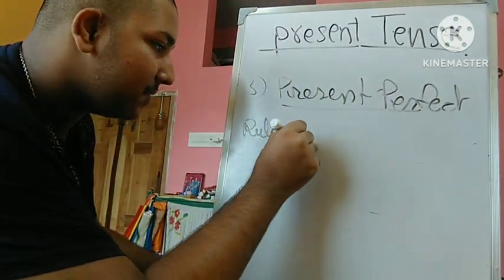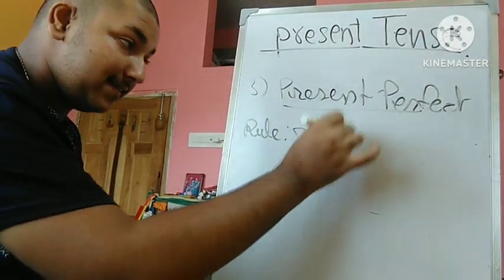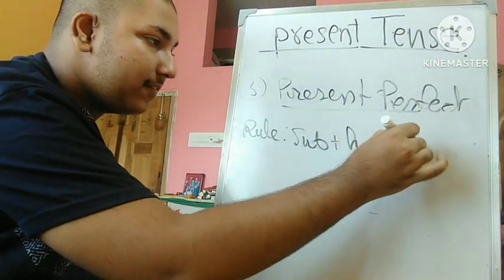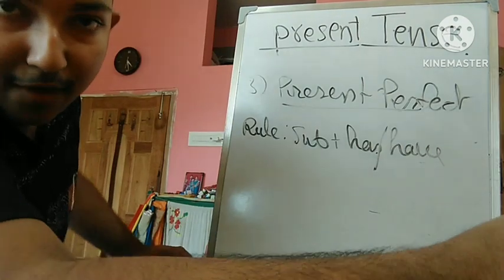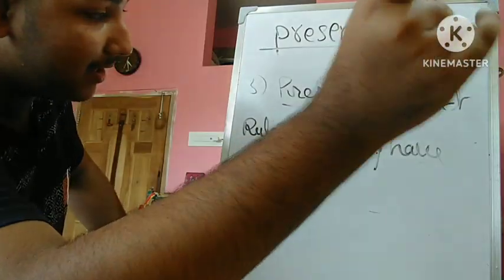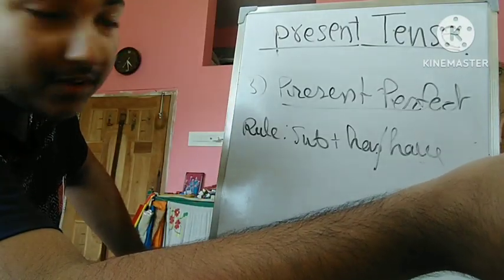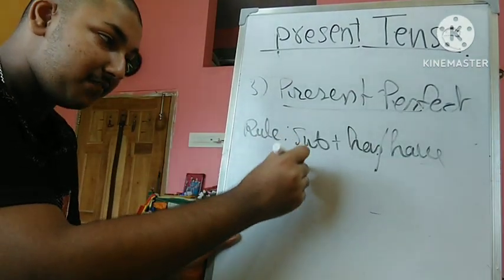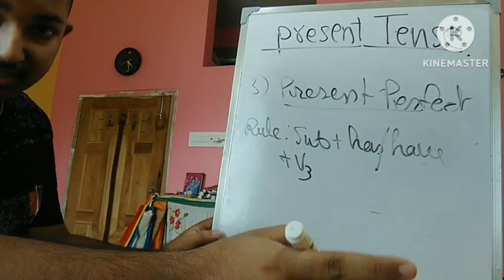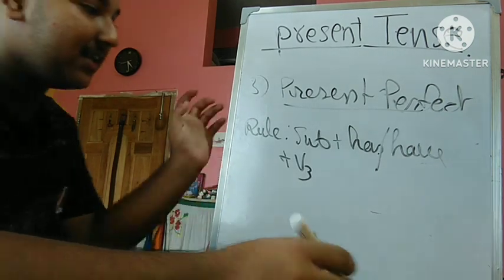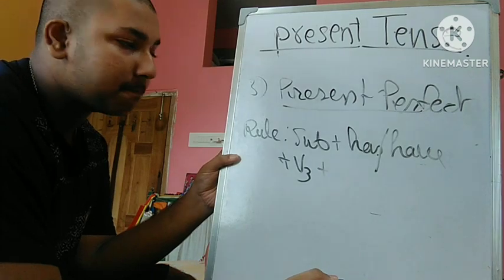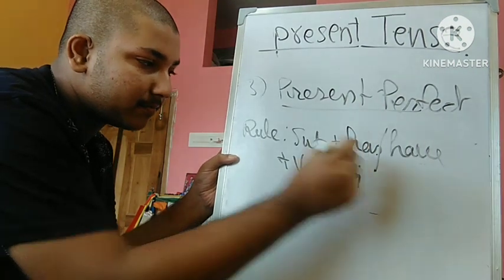Simply subject plus has or have. Have you remembered? I have taught you have verb, have helping verb. Now use it here. Subject plus has/have plus V3, verbs' third form, the past participle form, plus object.